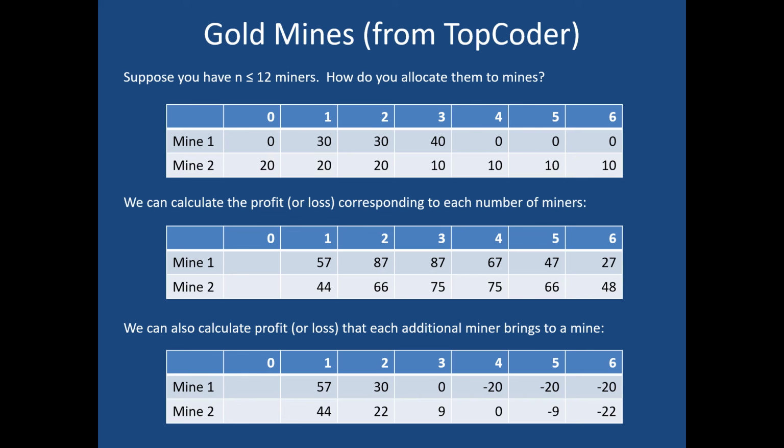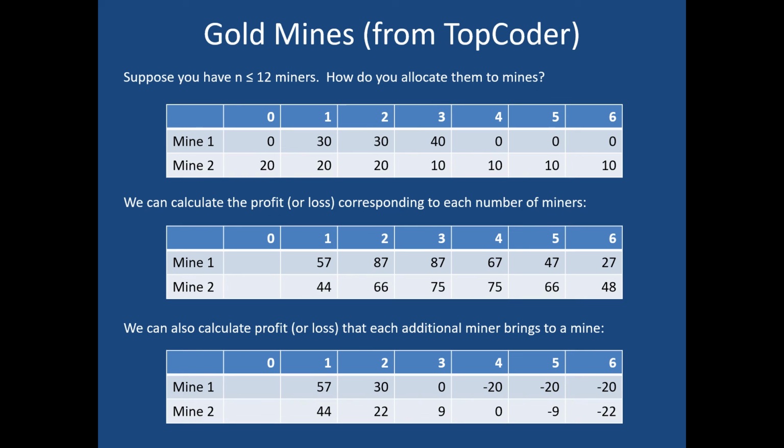It's the amount of profit you gained by adding another miner. So if you have no miners, you're making no money. If you add one miner, you're making $57 more than you were before. If you add 2 miners, you're making an additional $30 than you were before. If you have 3 miners, you're not making any more money than you were before.